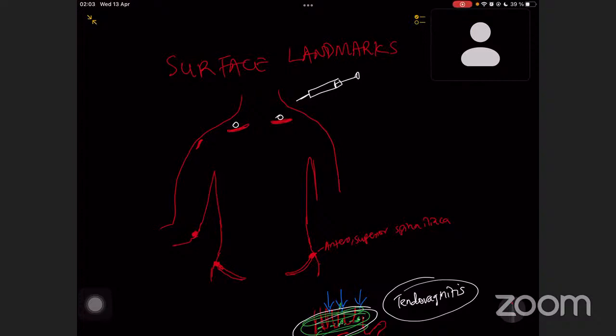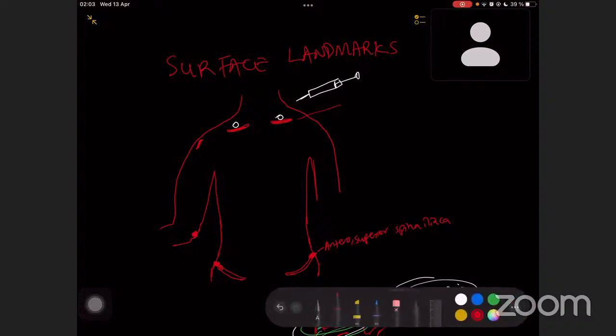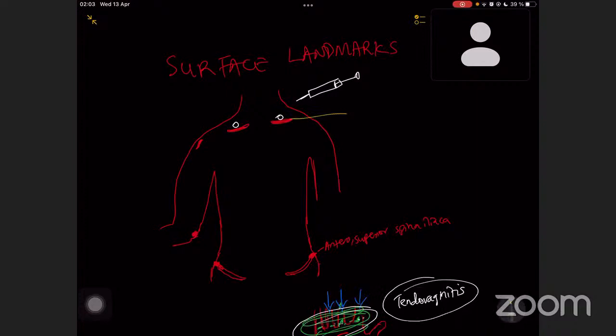And so the bony prominences allow us to identify surface landmarks. They include, for example, the clavicle here.